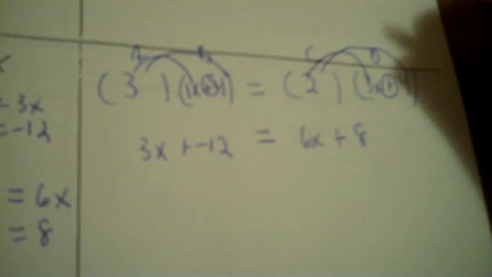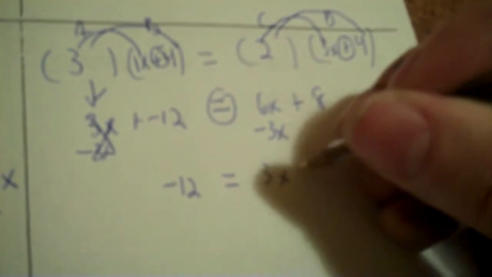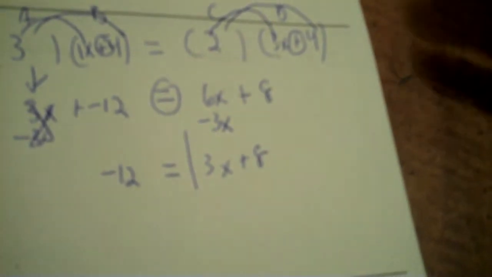Now, you got x's on opposite sides of the equation, so we'll take our smaller one out. There'd still be a negative 12 over there, so minus 3x from 6x. So we have negative 12, and then we have 3x plus 8. So we have x on this side now. The operations are times 3 and plus 8.